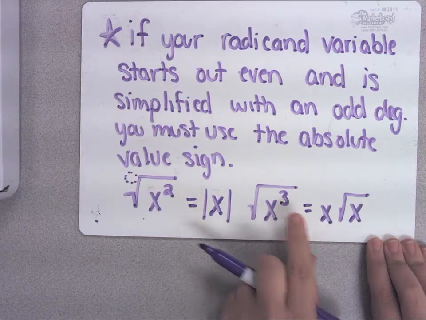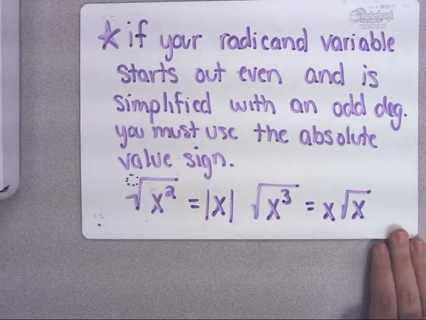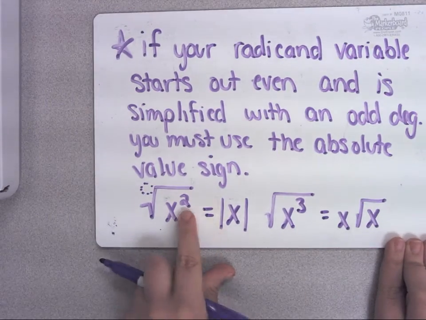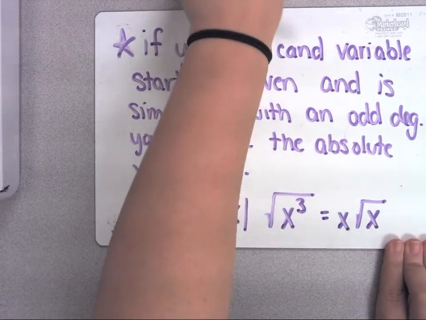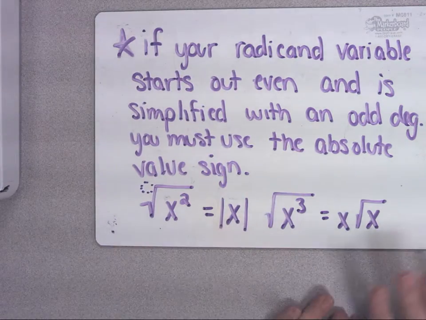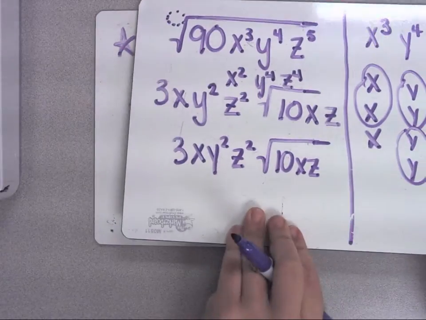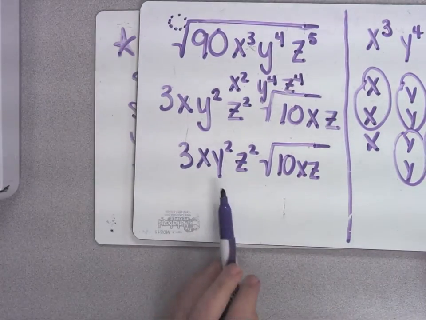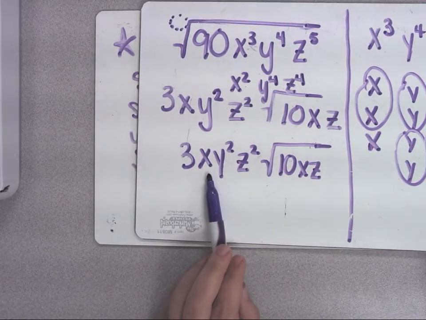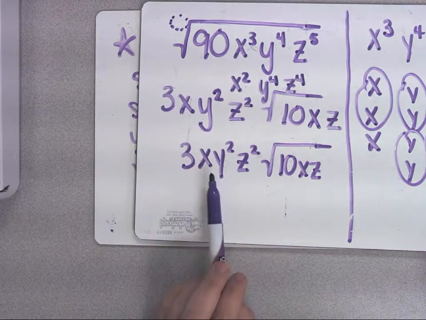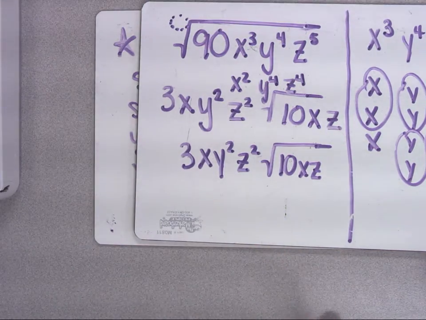But since it started odd and ended odd, we're fine. But if it starts even and is divided to be odd, you have to put the absolute value on it. So the problem we just had, this x, because he started odd and ended odd, we're okay. He's fine.